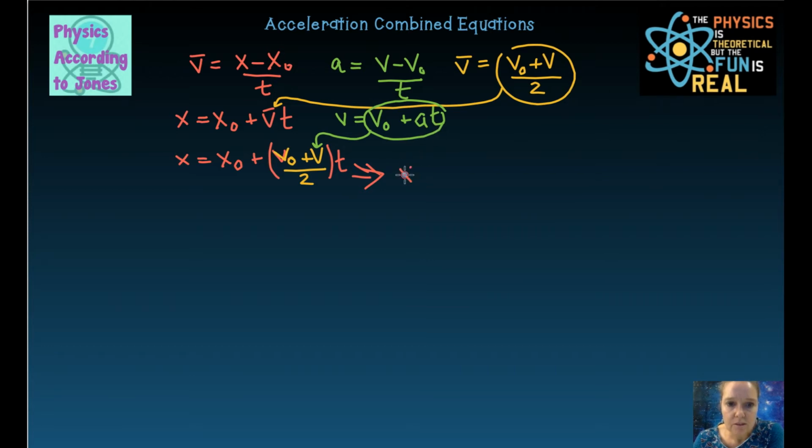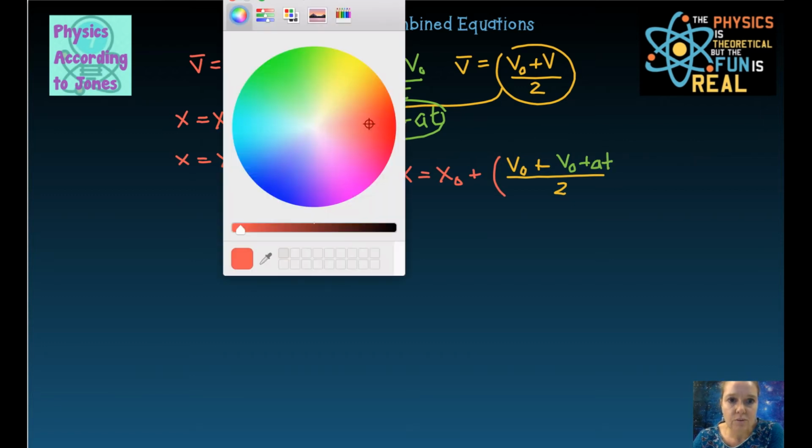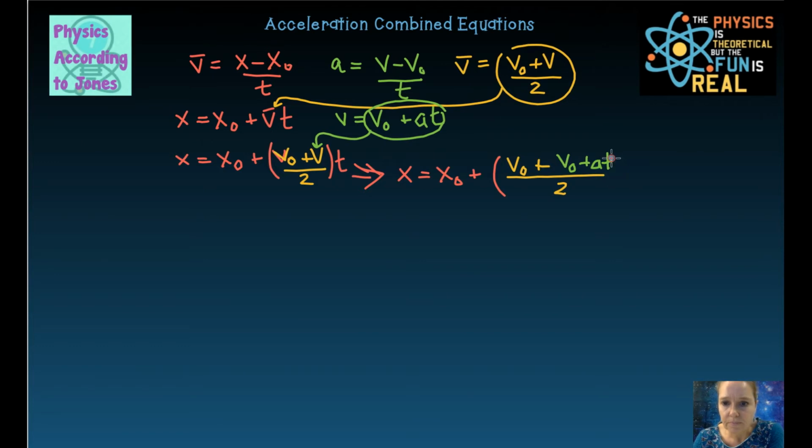I'm going to write x equals x naught plus, here's our big parenthesis, v0 plus, and I'm going to have that big 2, but now that v there is going to be replaced with our green formula for acceleration, the acceleration formula that we had solved for velocity. I'm going to put v0 plus at, and then we have to finish the original equation with our little t on the outside.